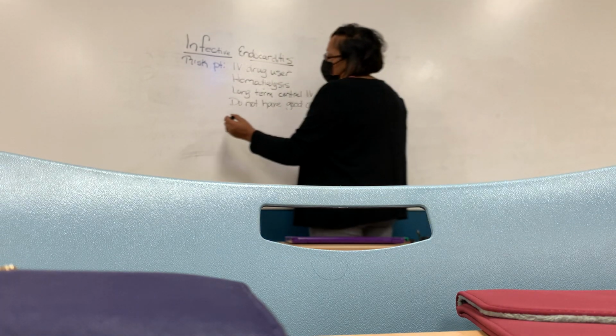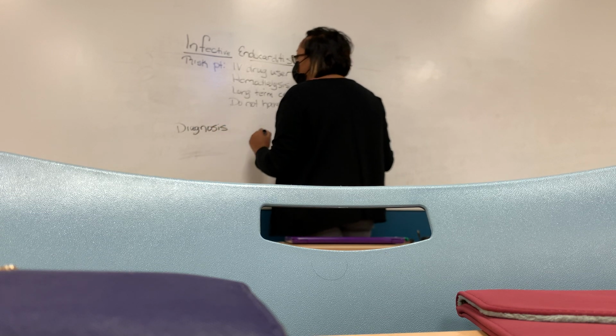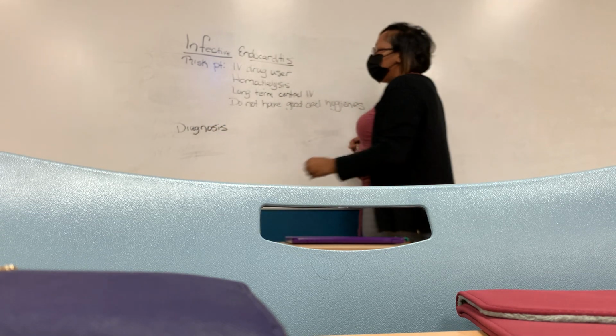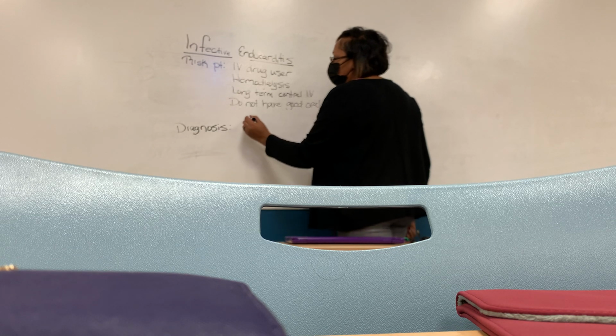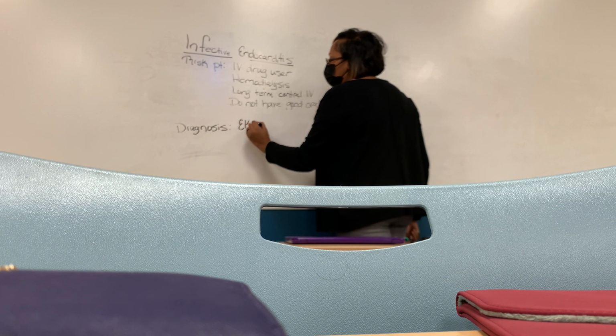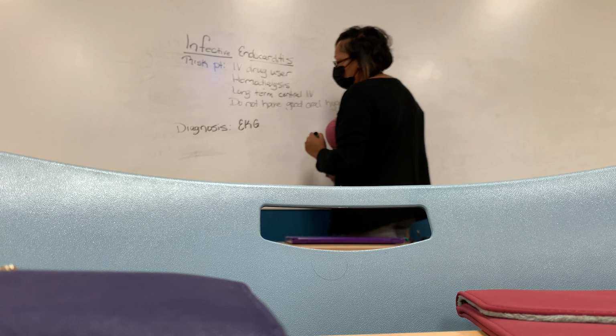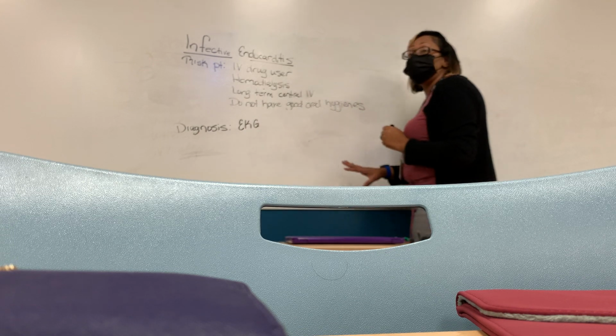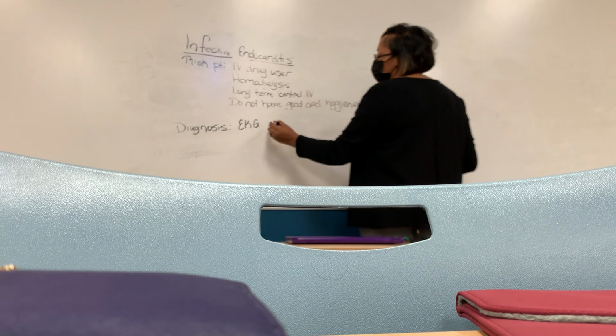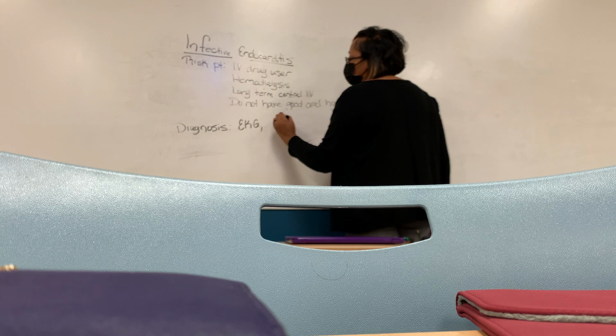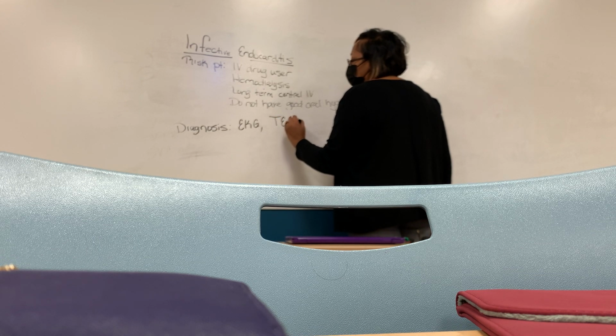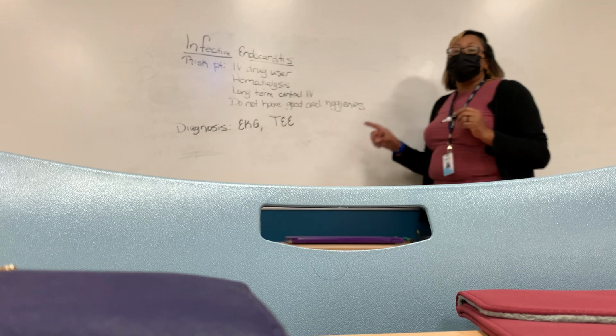So how do we treat these patients? Well, first, before we treat them, we gotta diagnose them. We know who's high risk. So when they come in complaining of chest pain, what do we do first? EKG. Yes, gotta do an EKG. EKG comes back, it's normal, we're not having an MI. Our second step is more than likely a TEE, a transesophageal echocardiogram.